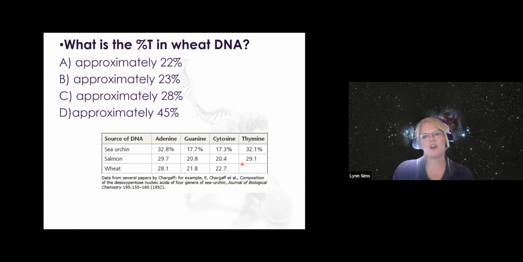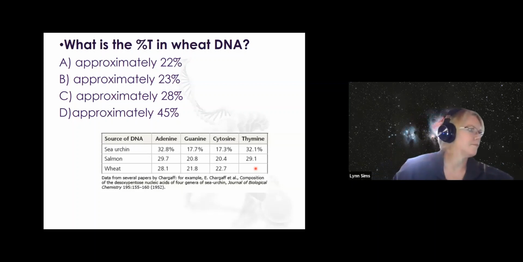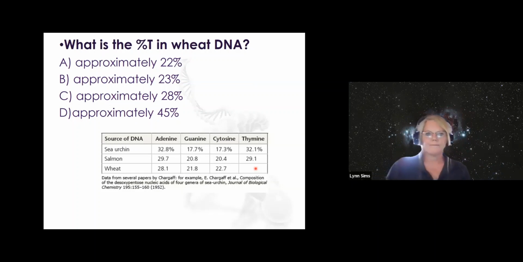Basically, you want to find the number that would most likely fit in this spot right here. All right, we'll give you another 30 seconds or so, a little bit more.